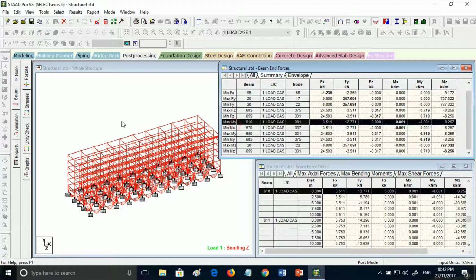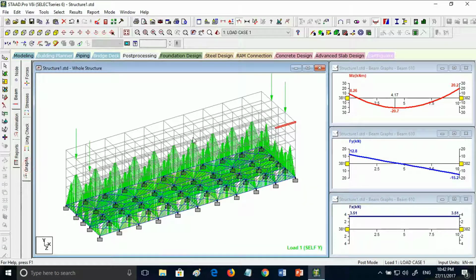For the maximum moment in the X direction, it will be at beam 610, and this is the value, and this is the shear force diagram and also bending moment diagram for beam 610.